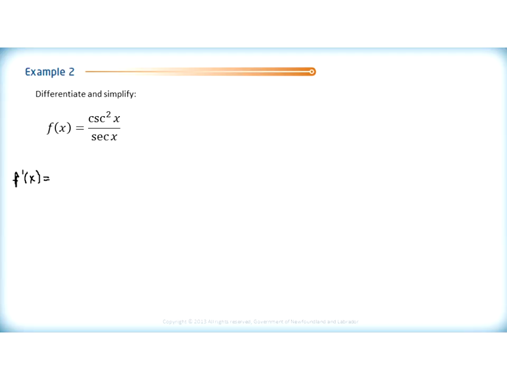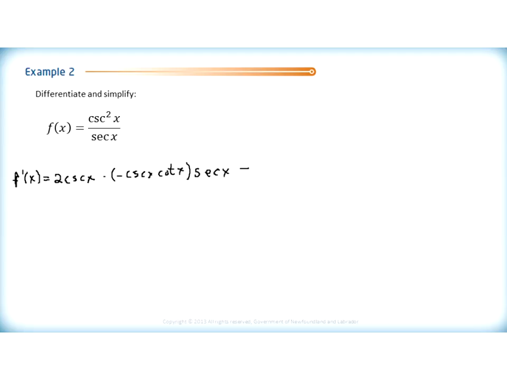So the derivative of cosecant squared is going to be 2 times cosecant x multiplied by the derivative of cosecant, which is negative cosecant cotan, like so. And then I have to multiply that derivative by the denominator, which was secant x. And then I have to subtract the derivative of the denominator.